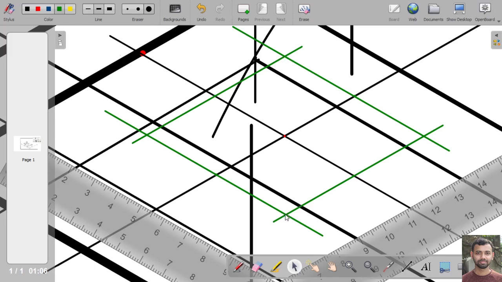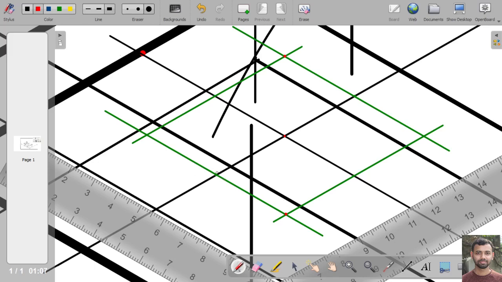Then for this point there is one line and another adjacent line. So we will find the midpoint of this line and this adjacent line.